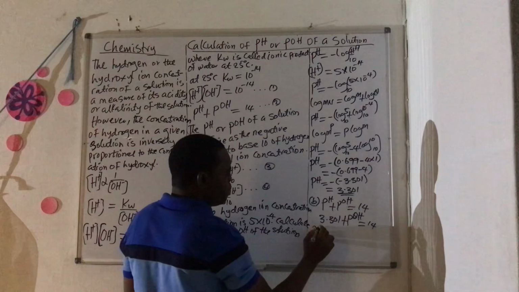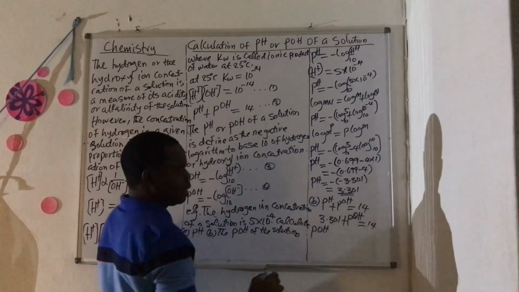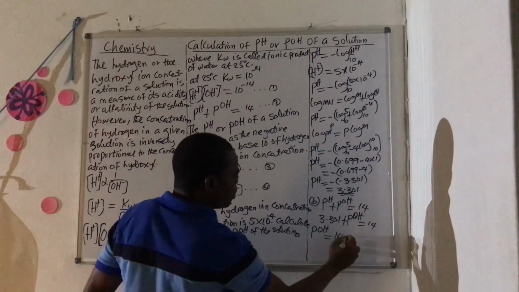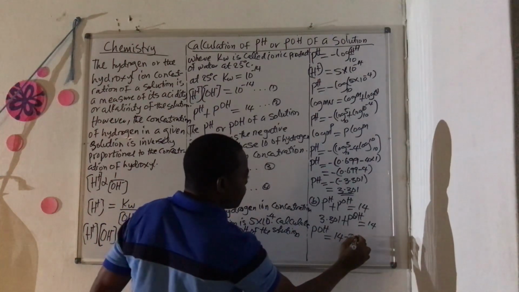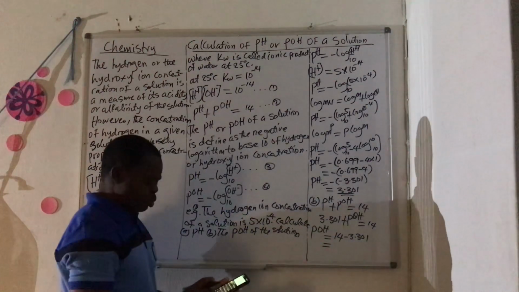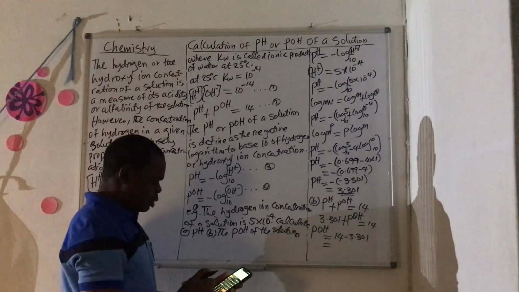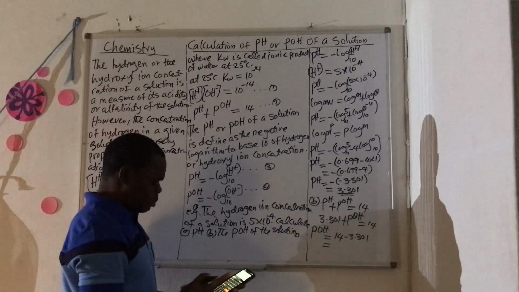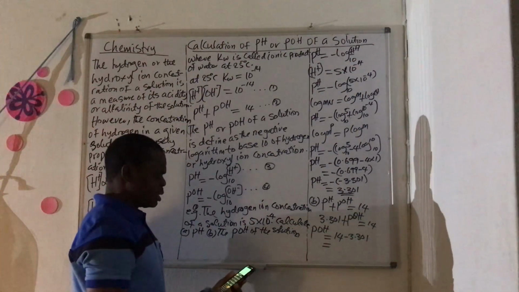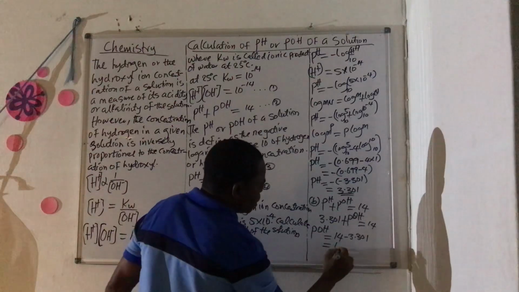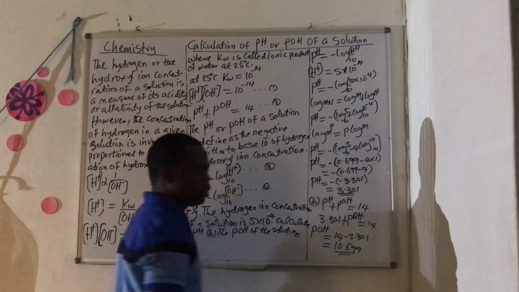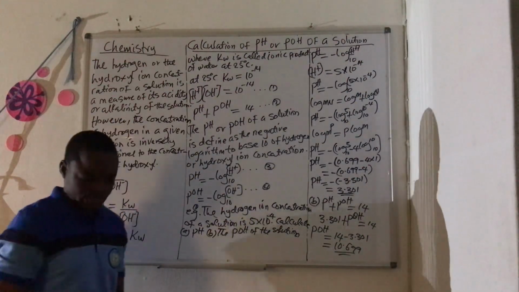Making pOH the subject of the formula, pOH is equal to 14 minus 3.301, which gives 10.699. And that will be the pOH of the solution.